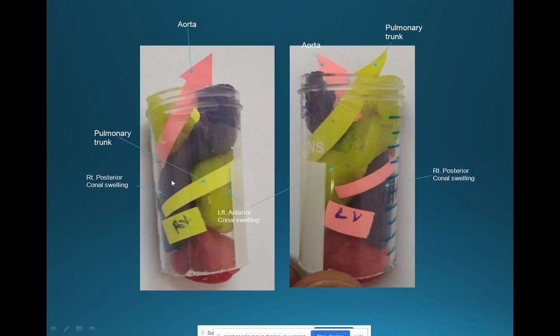At first it lies anteriorly, then it goes to the left side, then it comes up anteriorly again to the back. Then for the aorta, at first you cannot see, it lies in the back, then comes to the right, then anteriorly. This is how the spiral septum is formed.